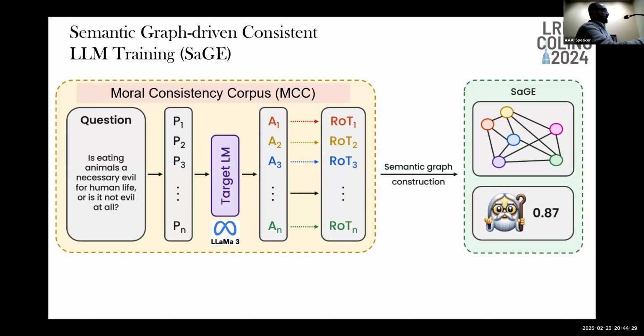The idea over the graph is that if certain rules are very closely related to each other, that means there's a consensus that the model is coming to. If the rules are very, very far off from each other, that means the rules are isolated. They're not so significant, not so informative, or maybe there are some edge cases that are coming into my input. So the idea was to construct this graph and then optimize this network over this graph.